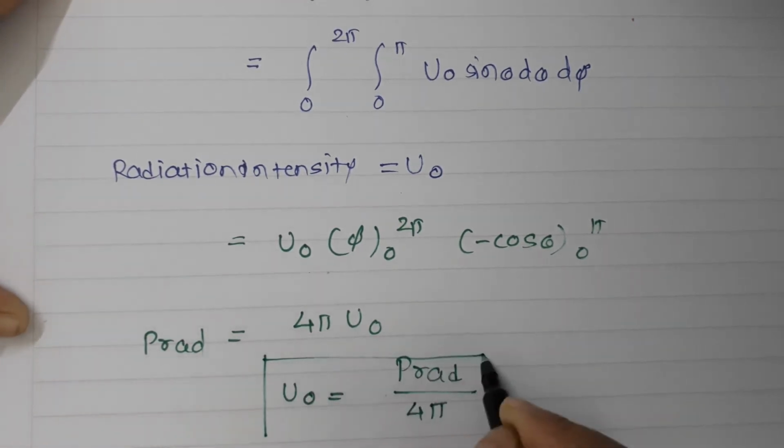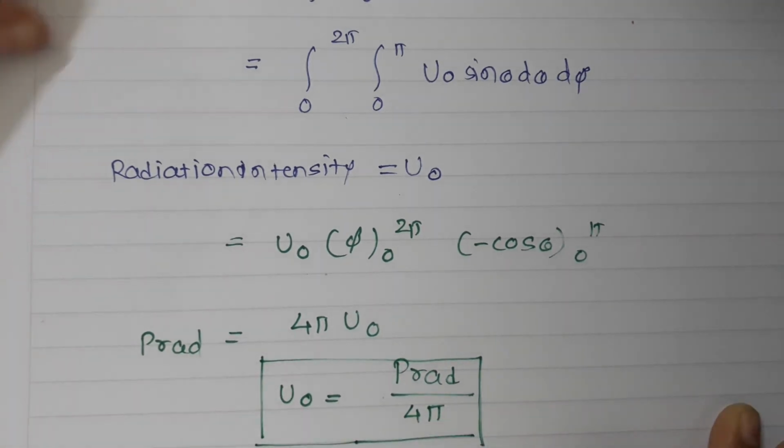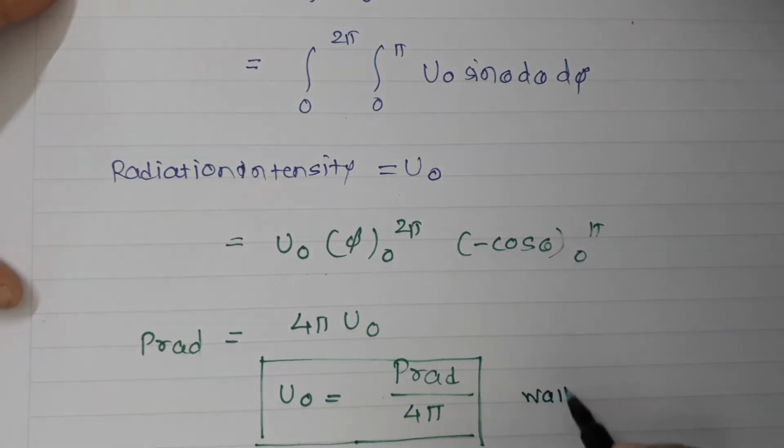So this is the radiation intensity of an isotropic antenna. Now as this is nothing but the power radiated per unit solid angle, the unit will be watts per steradian. Okay, so this is nothing but the basics of our isotropic antenna. Now let us discuss the two element array in the next session. Thank you.